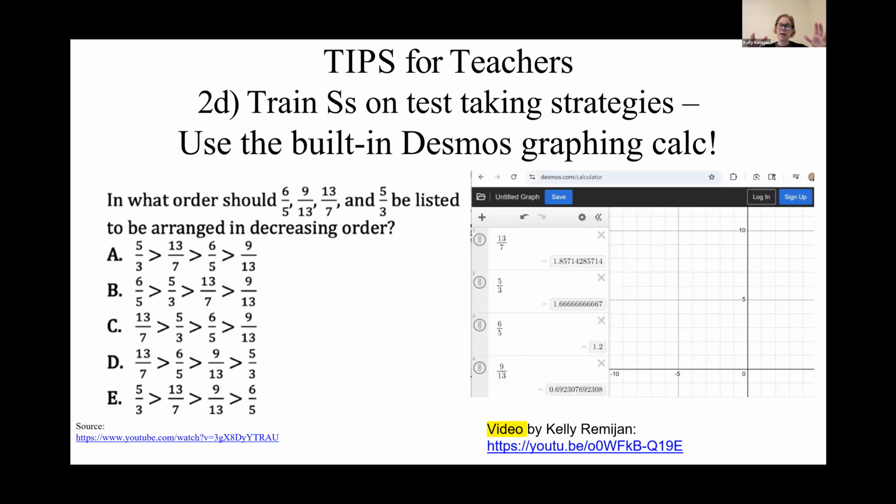So you see in real time how long that would take me. Again, doing something like this, being able to use the online, I think is a game changer. You can see it, you type it in there, it's all there on the screen, and you can rearrange it so it goes in order of what the directions are asking you for. So this is the first of a few here using the built-in Desmos graphing calculator.